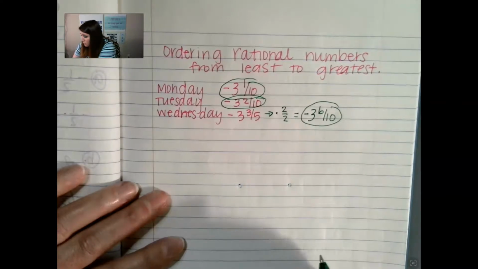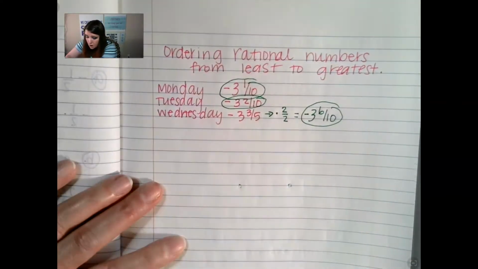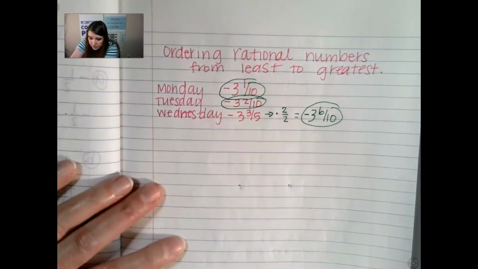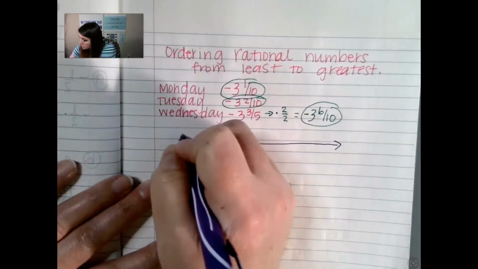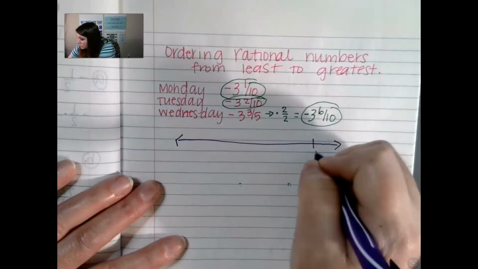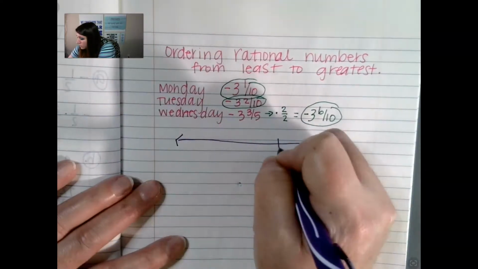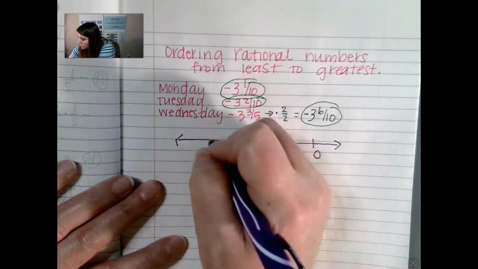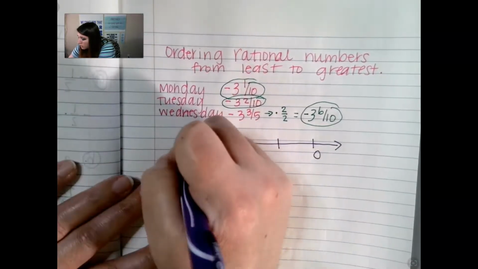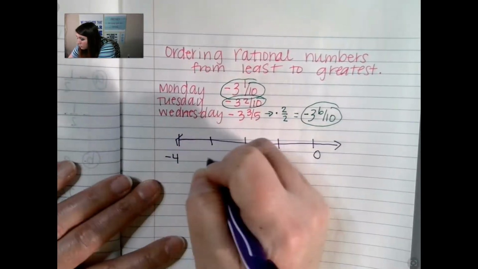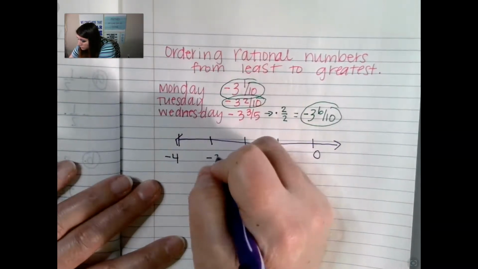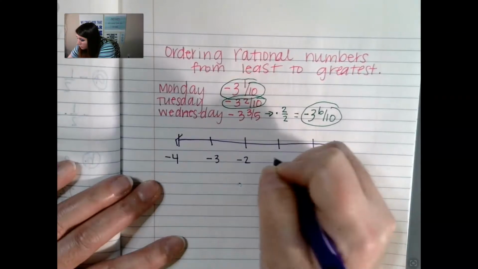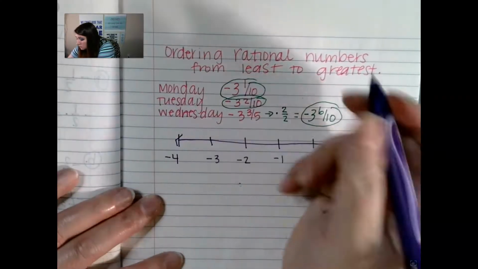Okay? All right, so let's build a number line here. Ooh, a little crazy. All right, 0. We have 1, 2, -3. We're going to go all the way out to -4 because we're going beyond. And I probably should have made this more spread out.